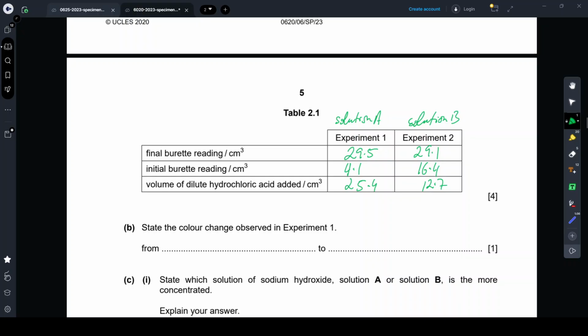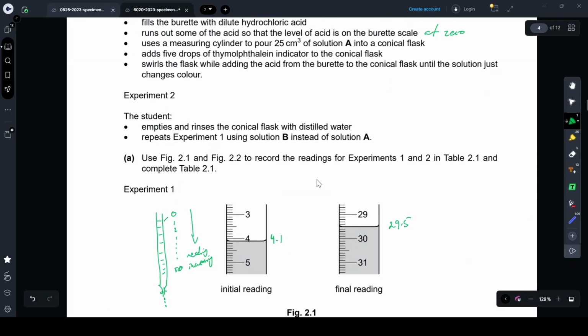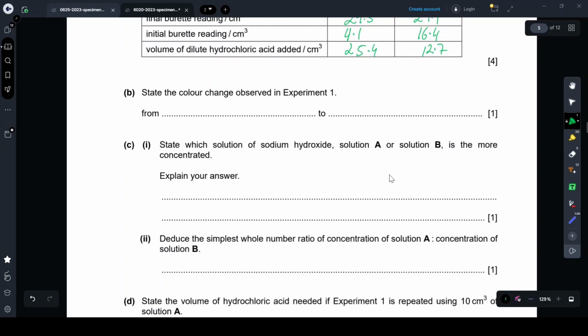Now, first of all, what is the color change that is observed? So basically they're asking, right, they added thymolphthalein to the conical flask which had the sodium hydroxide, right? So the color change will be from alkaline to acidic. So what's the color change of thymolphthalein? From yellow to orange?